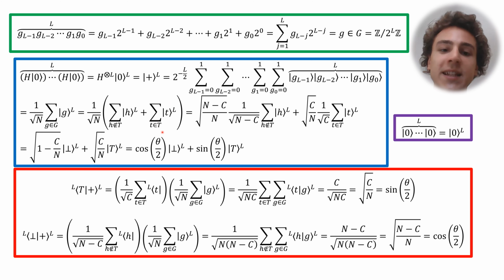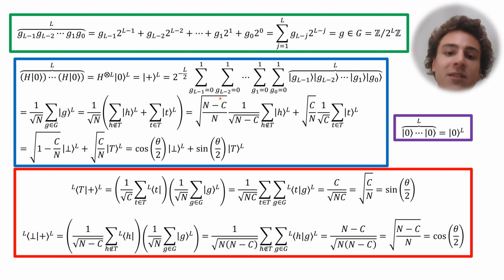They are elements of the set T. And the h's serve as labels for the non-target states. The h's are elements of the set G, but they are not elements of the set T. So we're just classifying the L-qubit computational basis states based on what label is being used. So here we have the non-target sum, and here we have the target sum.